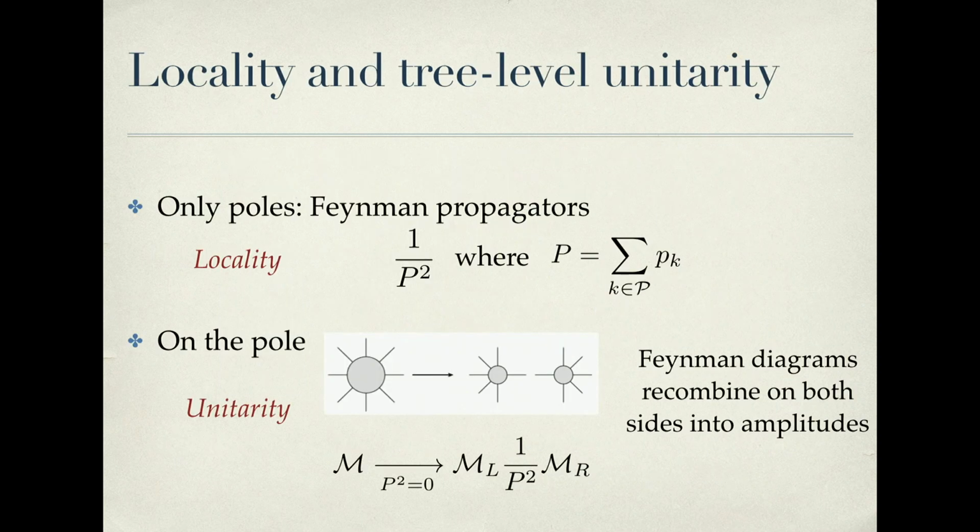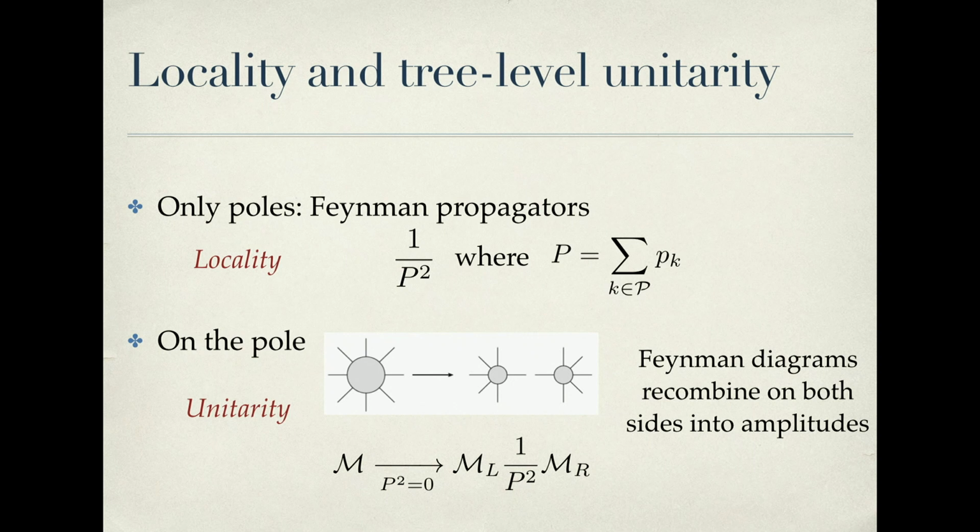And the two constraints I mentioned were the locality constraint, the fact that the particles interact point-like in space-time, which translates in momentum space to the presence of 1 over p squared poles coming from Feynman propagators, where p is the sum of external momenta. So the only poles of tree-level amplitudes look like that.